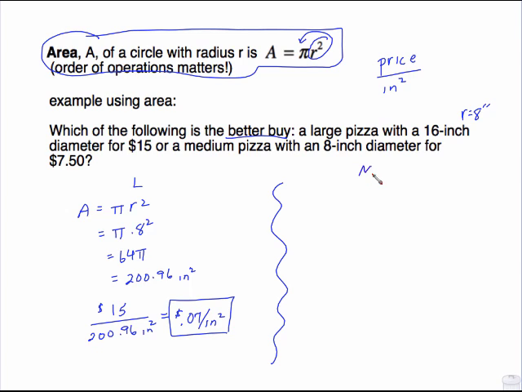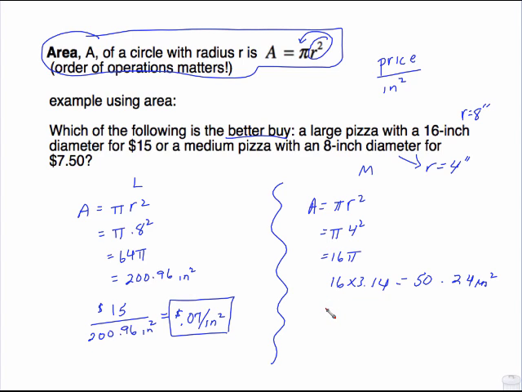Same steps for the medium pizza. My area is pi r squared. So it's an 8-inch diameter. That means the radius on this one is 4 inches. So this is 4 squared, which is 16 pi. If I do 16 times 3.14, I get 50.24 square inches.